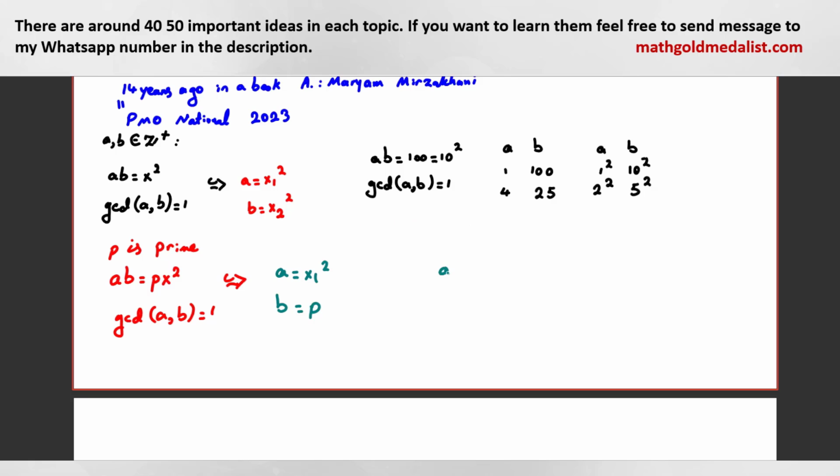For example, let me tell you an example. Suppose ab is 3 times, for example, 36 squared. Suppose GCD of a and b is 1. Can you tell me an example for a and b? 1 and 3 times 36 squared.